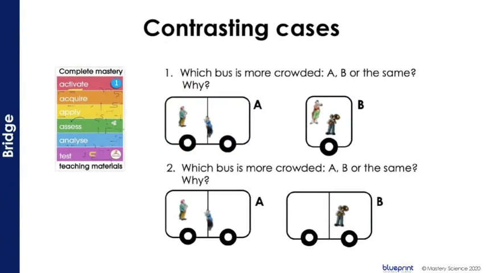So the first principle that the researchers recommend is the use of contrasting cases. In other words, to help students notice things that are different between two situations or more, because that's actually quite easy for people. We can all spot the difference. We can use our perception to spot things. So we give them different buses and we get them to think about which one's more crowded than the other.